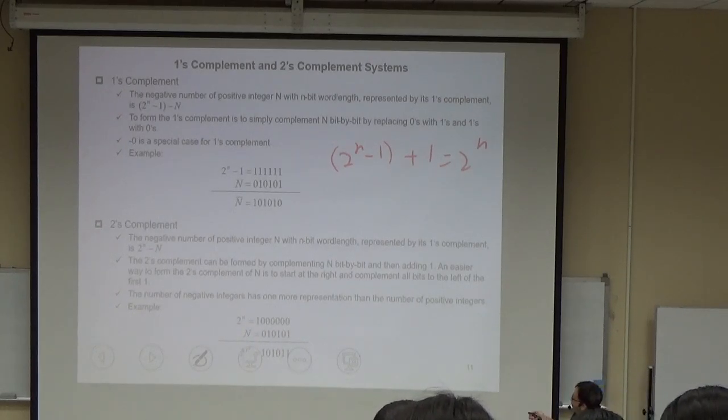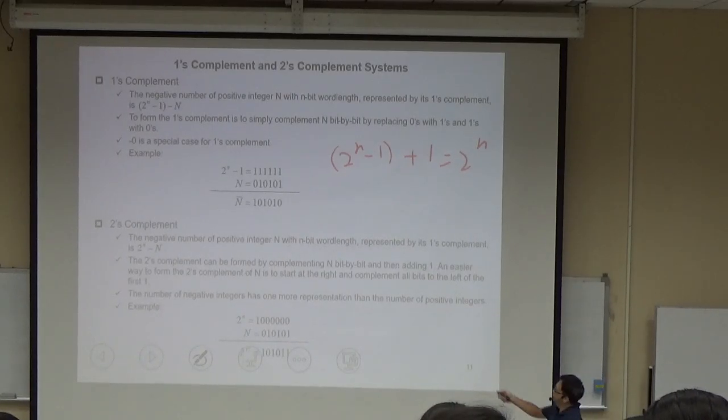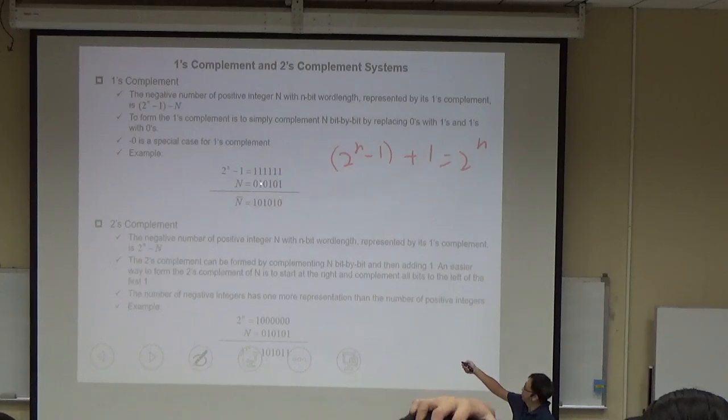Okay. So for this number, we try to represent minus n. This n bar is minus n. So how do we represent minus n in the one's complement system? Just write the positive number expression here: 0, 1, 0, 1, 0, 1.